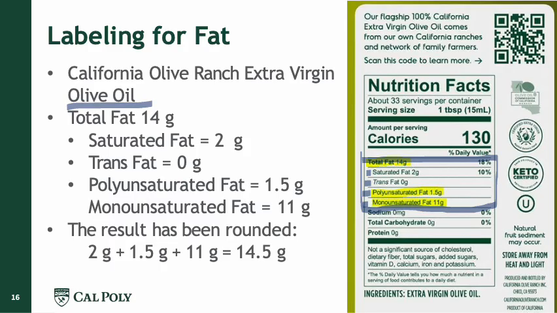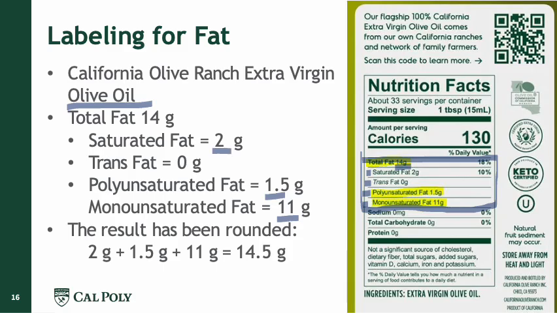If we add these results, 2 grams of saturated fat plus 1.5 of polyunsaturated plus 11 of monounsaturated, we have 14.5, which has been rounded to the 14 grams of total fat. From this information we can also get the percentage of monounsaturated, polyunsaturated, and saturated fat in this olive oil.